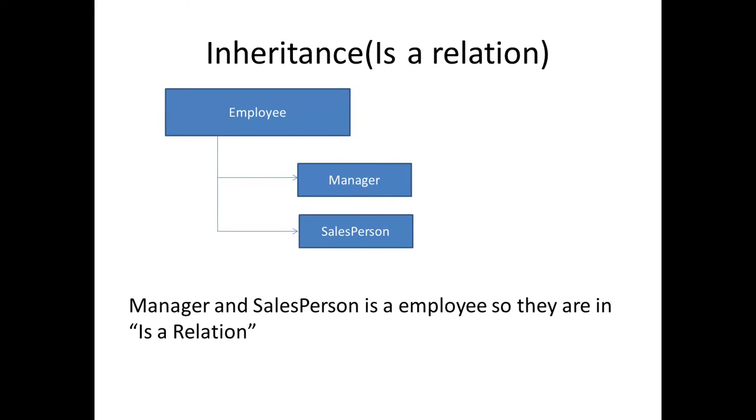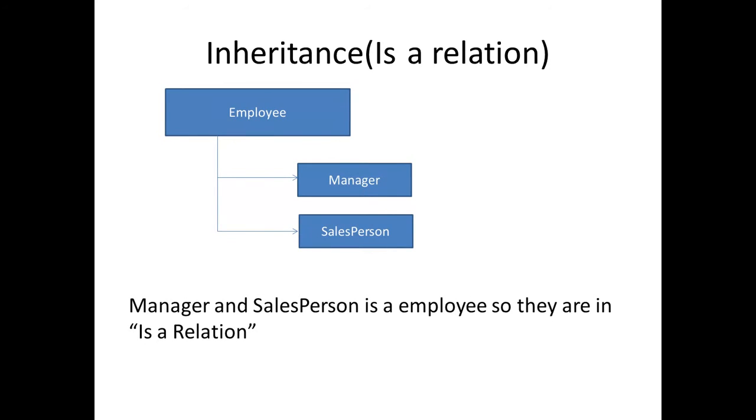So you can see in this slide, inheritance with an "is a" relation. You can take an example of employee. Suppose you need to design the classes for employee. The very first thing that comes to mind: an employee can be a manager, an employee can be a salesperson.